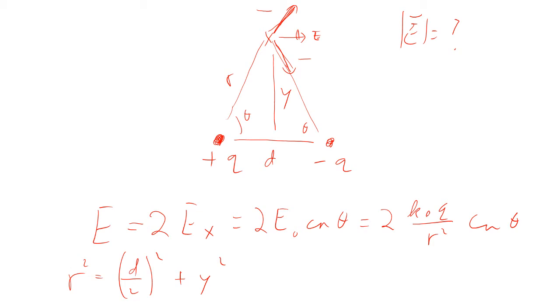What's cosine theta going to be? If you look at this, cosine theta is going to be equal to d over 2 divided by r.